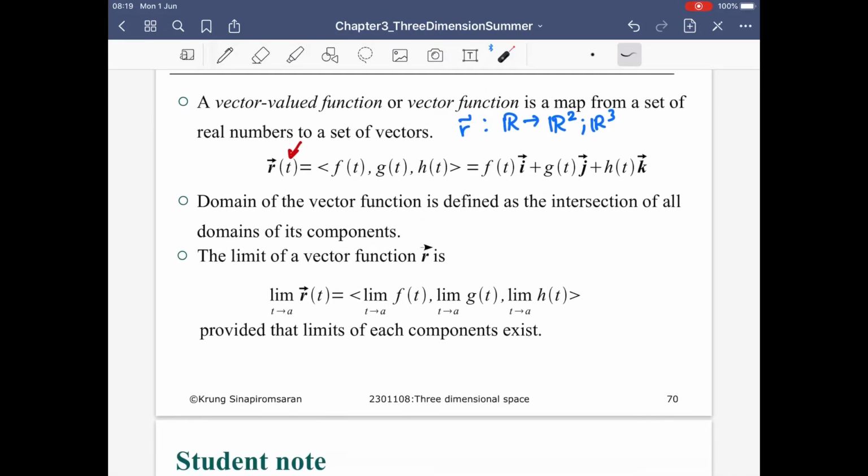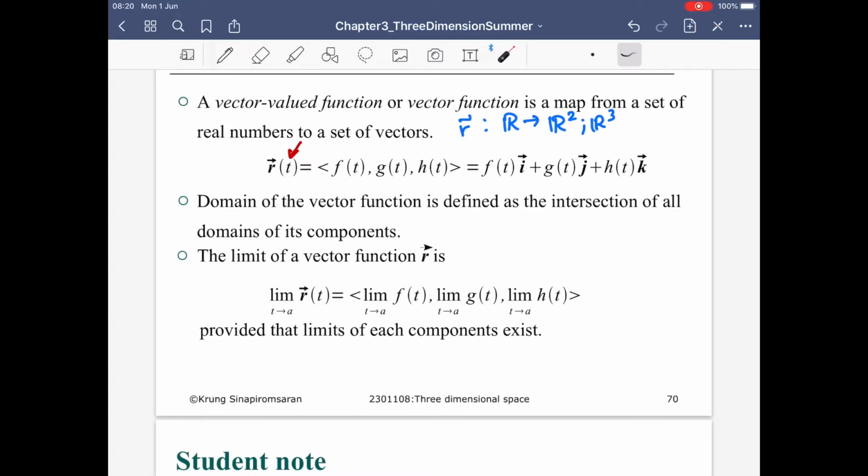The other thing is that if you want to find the limit, this is very easy. The limit of the vector function r is the limit of each of the components, distributed like that. The limit of the function r exists if and only if each of the component limits exists.